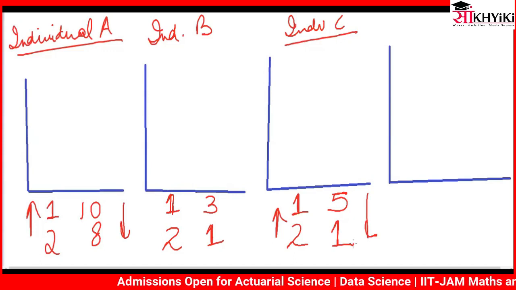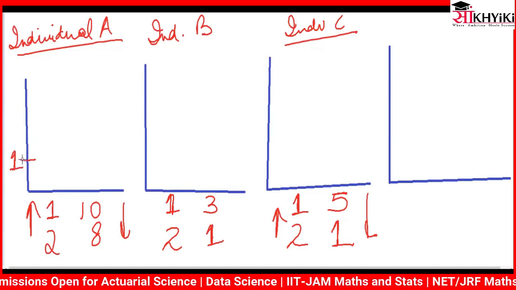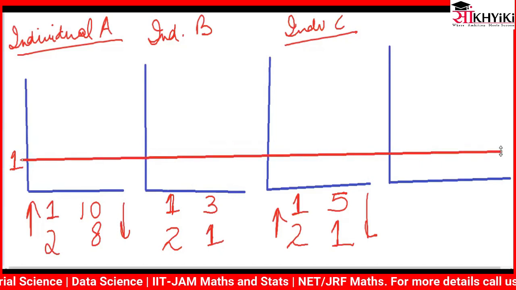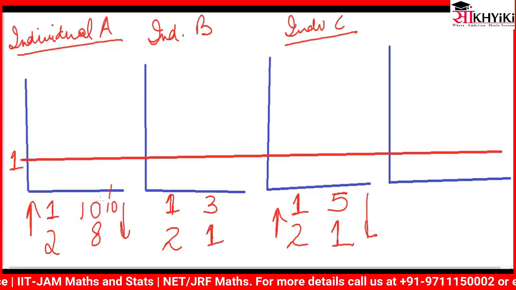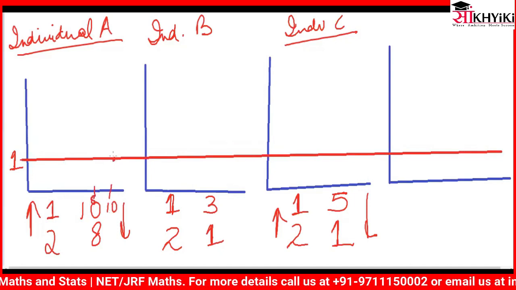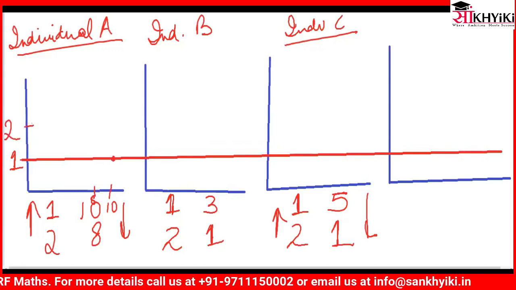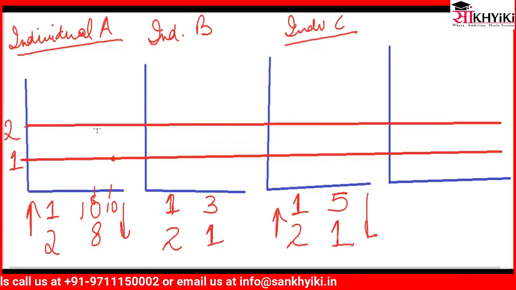Now let's say that I take the price to be 1. So the price was 1 for all the individuals. When price is 1 for individual A, the demand is 10 units, and when the price is 2, the demand is 8 units.